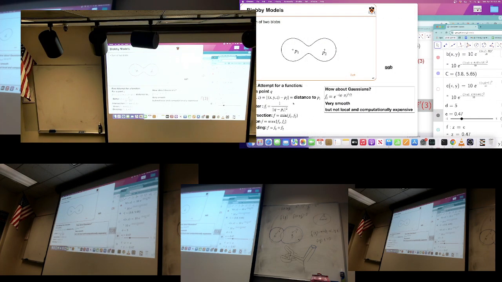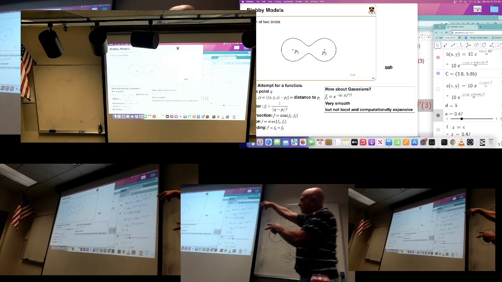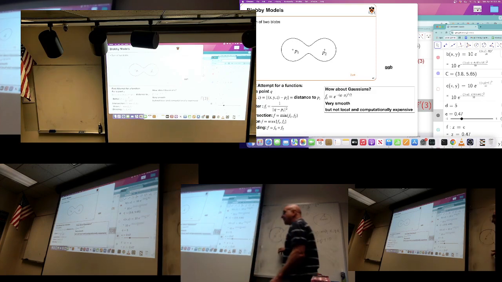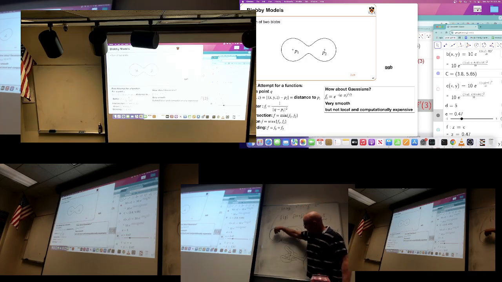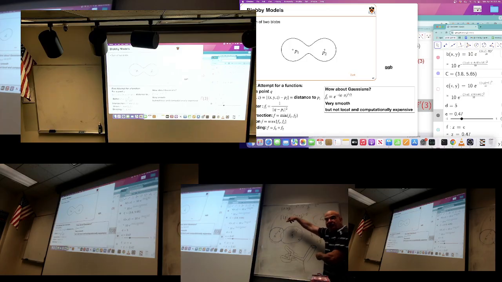So I can use the Gaussians, it will create very smooth versions, but it's not local. I'm moving 1 point. It means that no matter how many points I have, I'm summing up all the Gaussians. On one hand, it guarantees that it's very, very smooth. I can take the derivative as many times as I want. On the other hand, changing the point A will change the surface everywhere.